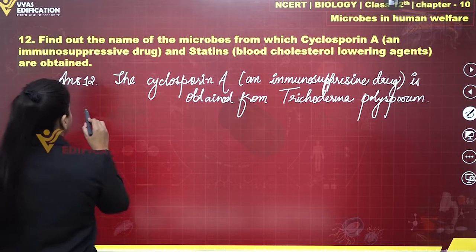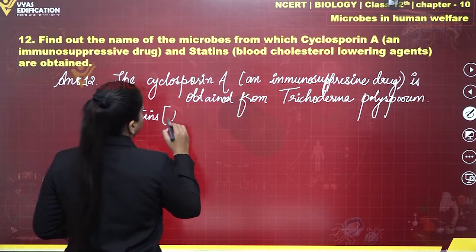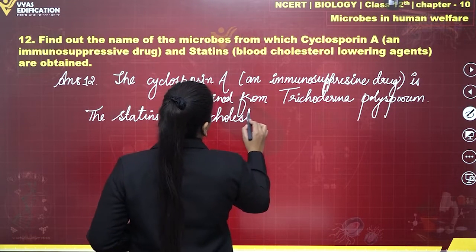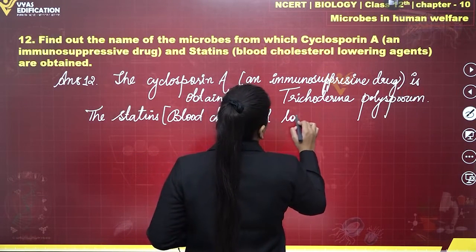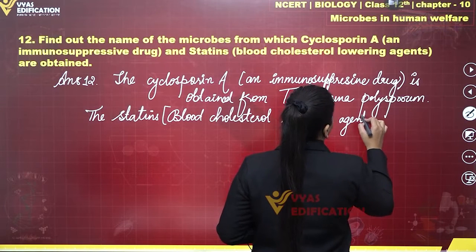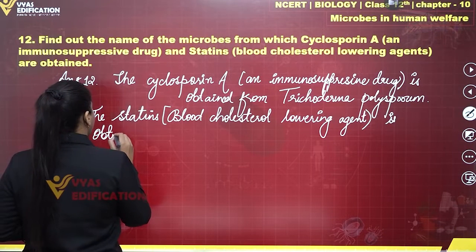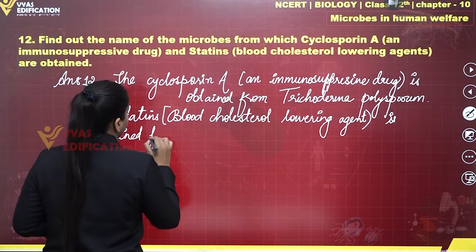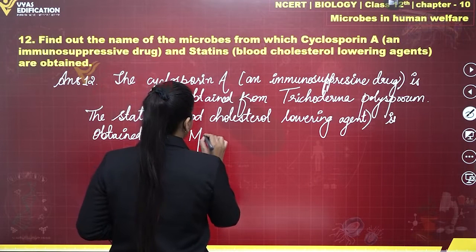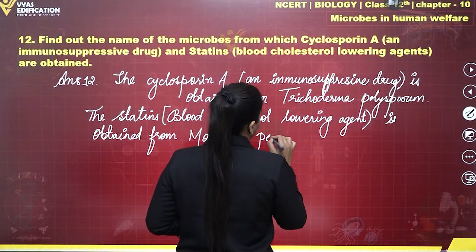And the next, the statin, which is a blood cholesterol lowering agent, is obtained from Monascus purpureus.